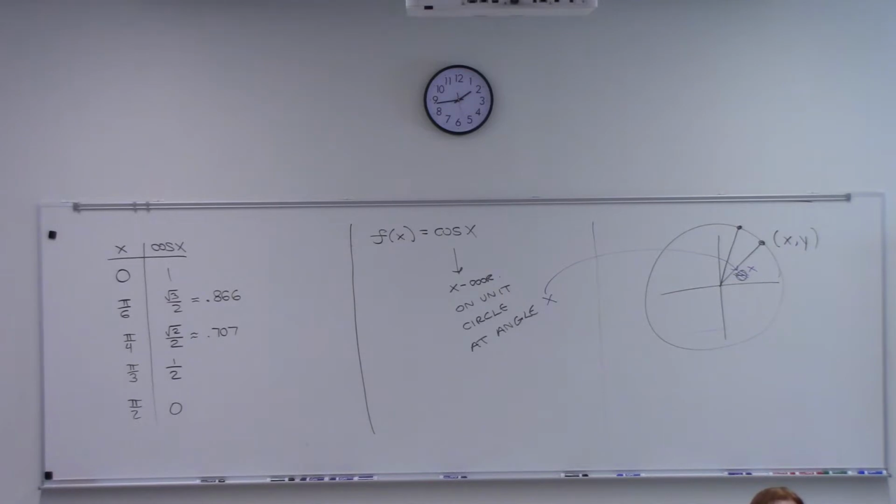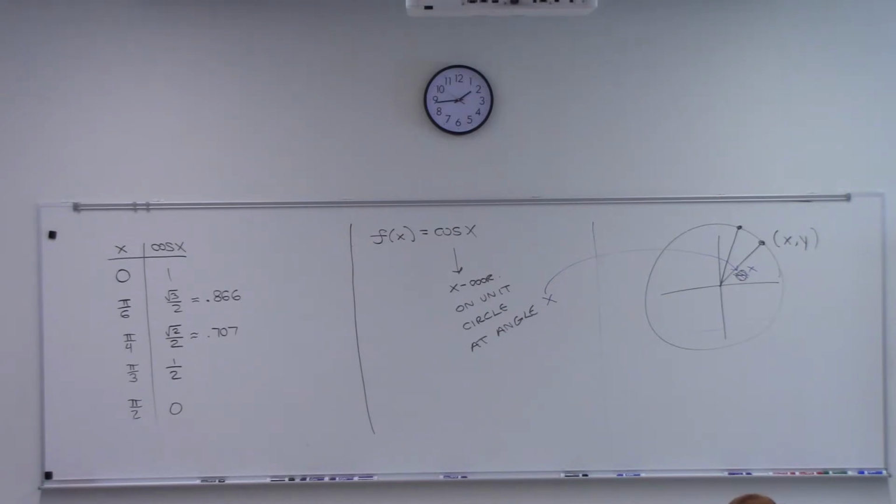So I'm going to start moving towards, there's pi over 3. Oh no, there's pi over 6. There's pi over 4. There's pi over 3. And so do you see on the graph, we started up here at 1, and then as I rotate, the angle gets bigger. The x-coordinates get smaller.